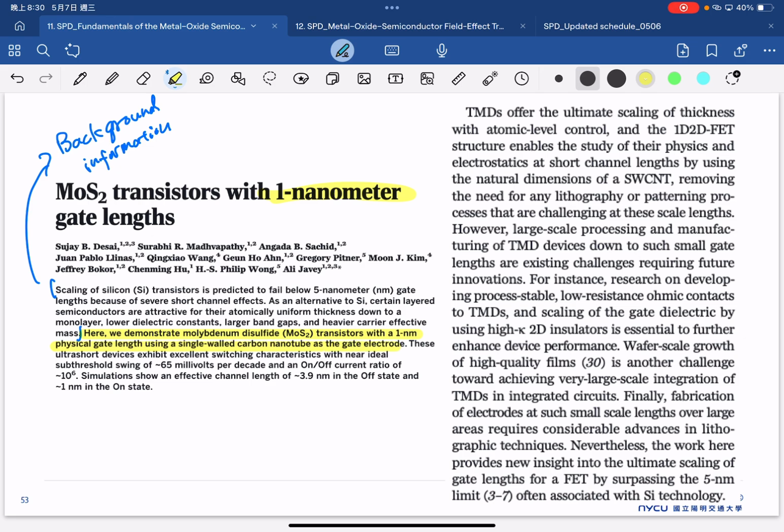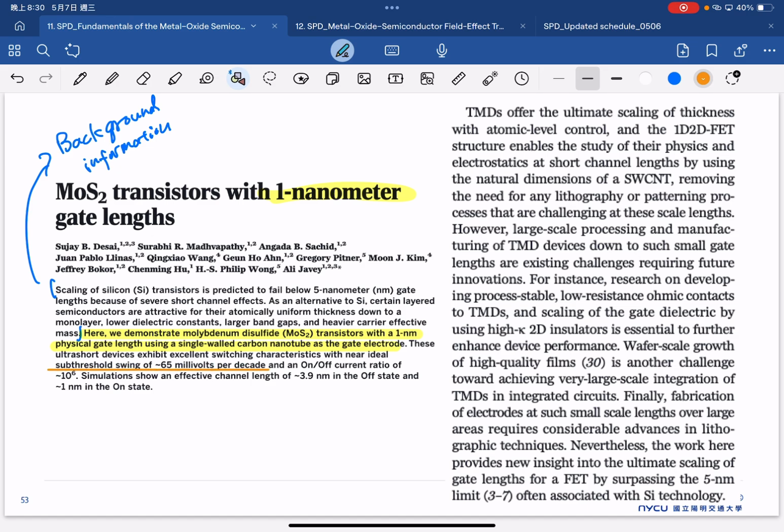So that's the main motivation of this work. If you don't understand MoS2 that's fine, but we can still look at what they want to demonstrate in the characteristics here.